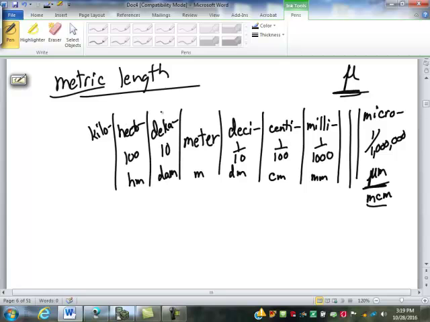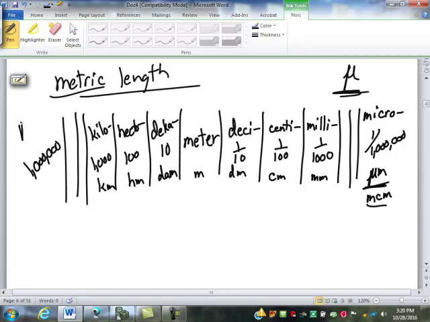They had kilo, which is 1,000, so a kilometer is km, or 1,000 meters. Now, the same on this end: they had gone 10, 100, 1,000. They didn't go 10,000, 100,000. They skipped up to 1,000,000.